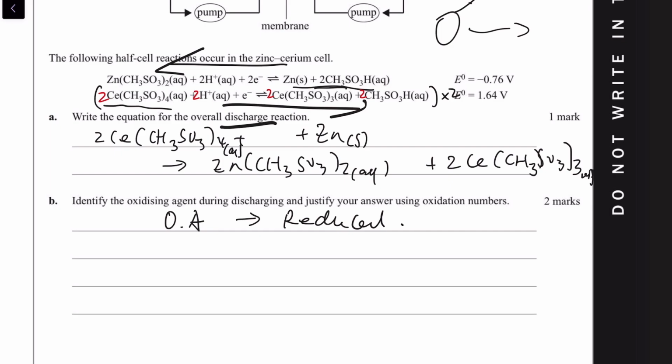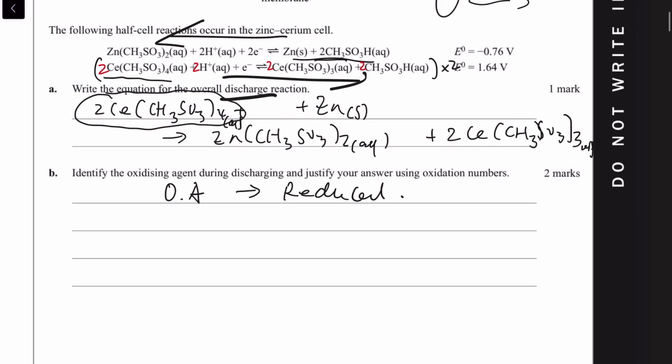So clearly zinc is being oxidized. Because we have only one thing left, this must be reduced. So the reactant is Ce(CH3SO3)4 and it is turning into Ce(CH3SO3)3.